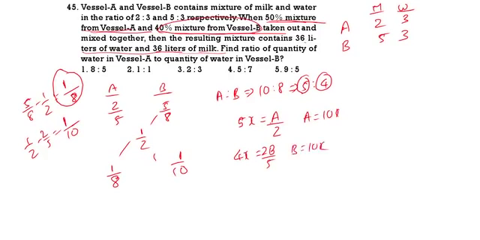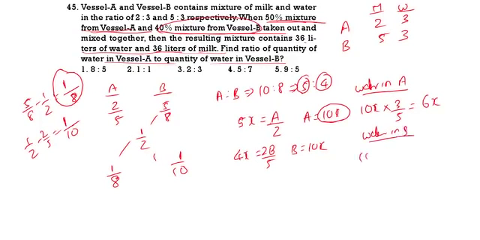Now find the ratio of water in A and water in B. What is water in A? In A we have 10x. Water will be 3 by 5, so that will give 6x. What is water in B?